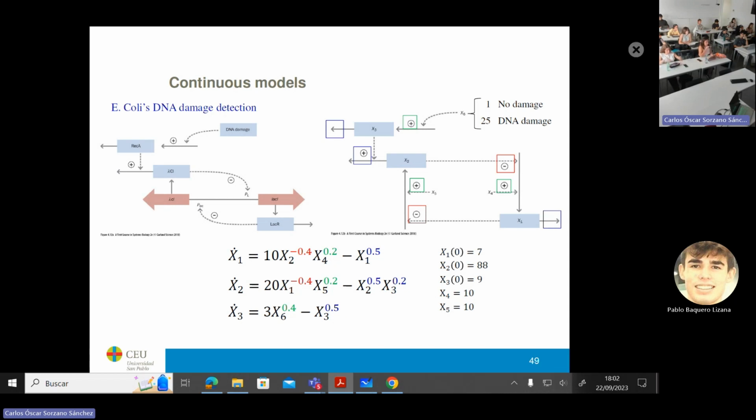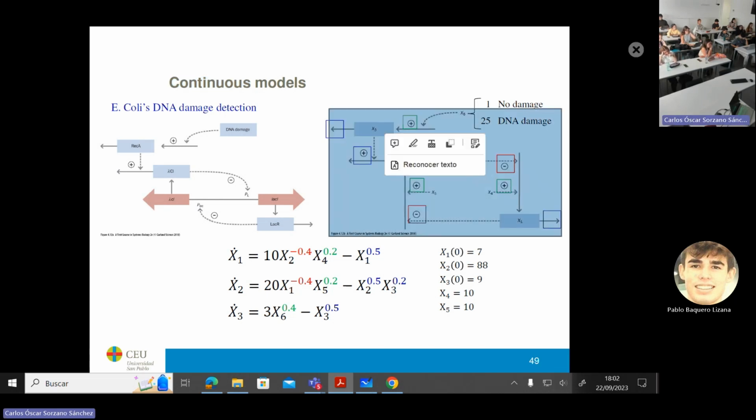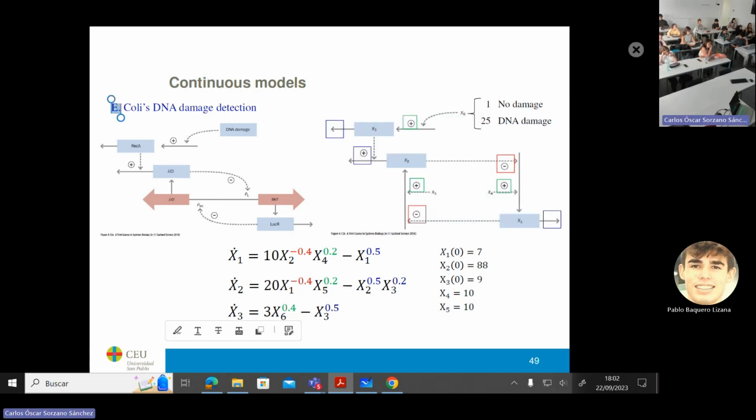If this grows, X4 grows, and X1 has to grow. So I will put a positive power because it has a promotion effect. But this is somehow mediated by this protein, so it is not the damage alone; it is the damage with the help of lambda CI.